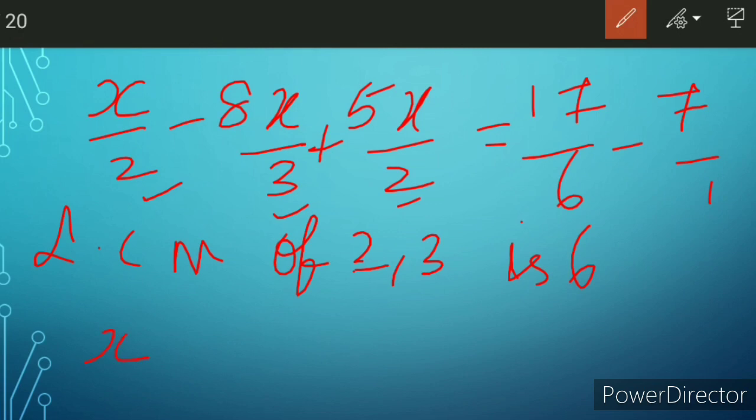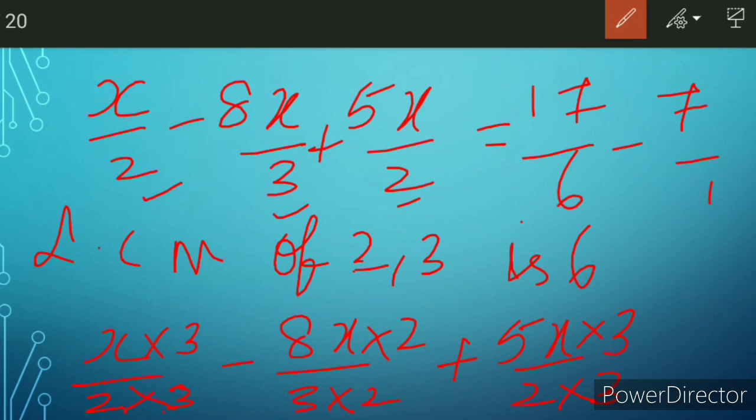How? 2 into 3, here also into 3, minus 8x by 3 into 2 will give 6. Numerator so multiply with 2, plus 5x by 2. 2 into 3 gives 6, 5x into 3. This much on the left hand side.